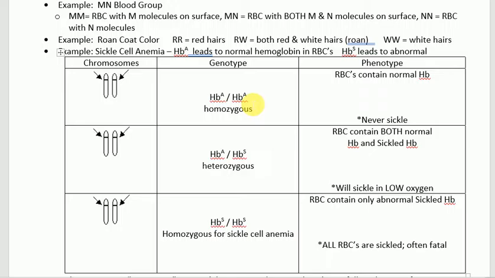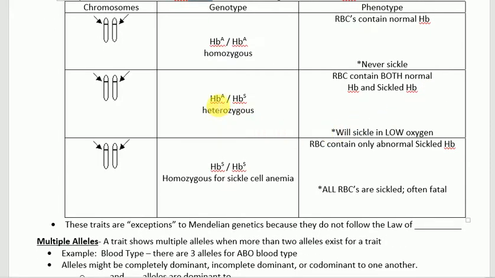Here we've got the hemoglobin A, so it's homozygous, and this contains normal hemoglobin. It's never going to be sickle cell. Here we've got hemoglobin A and hemoglobin S, so it's heterozygous, and the red blood cells are going to contain both the normal and the sickle cell hemoglobin. And in this case, it will sickle in low oxygen.